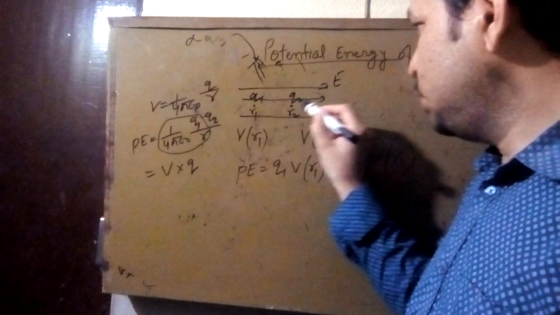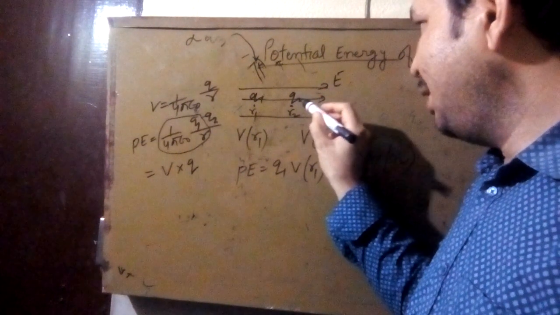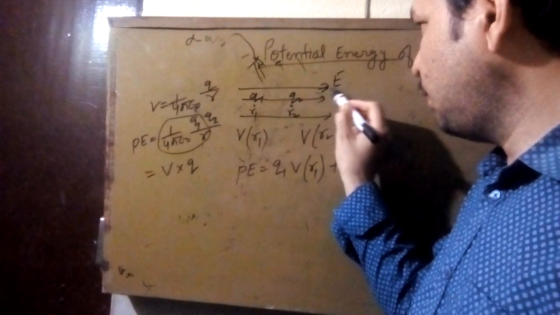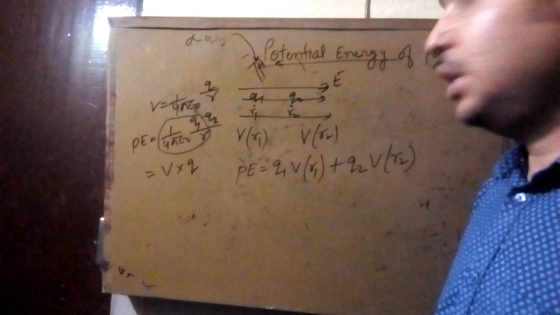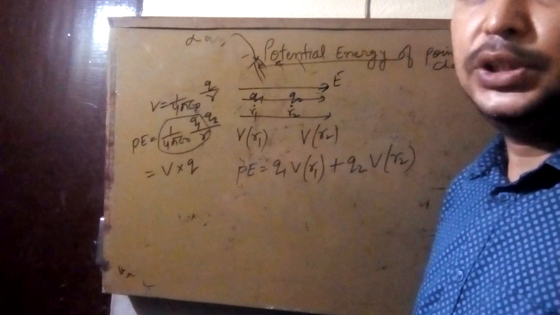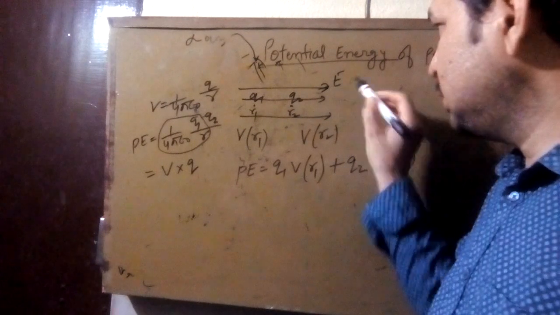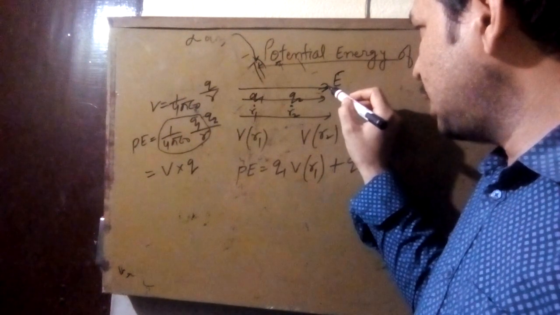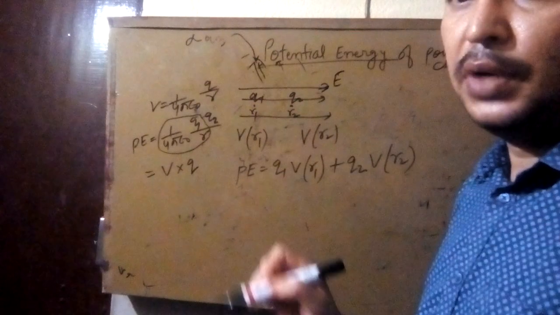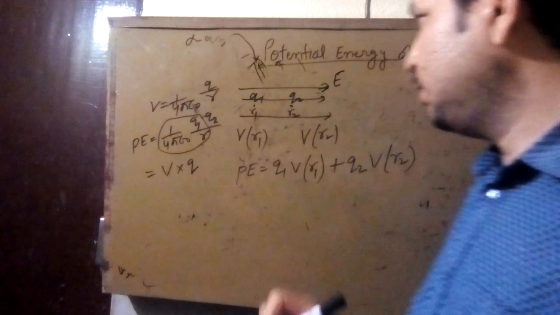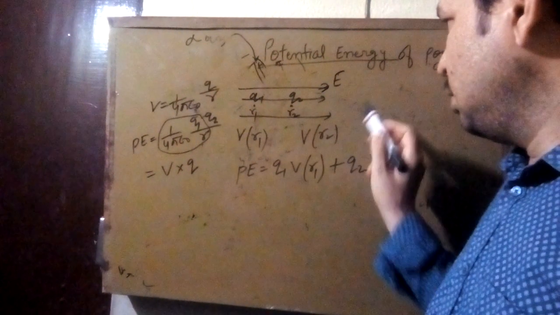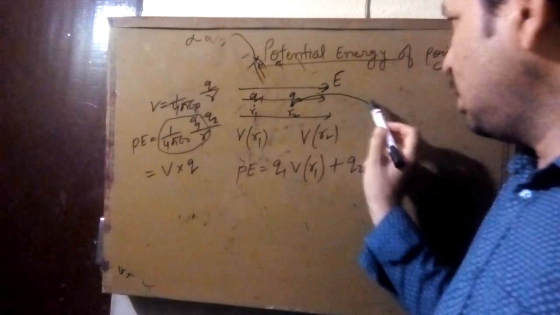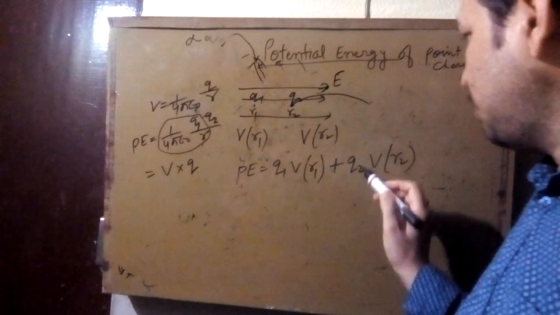Now, when Q2 is brought here from infinity, it has to do work against two things. First, against the uniform electric field, and second, against the electric field of charge Q1. So what is the work done against this uniform electric field?